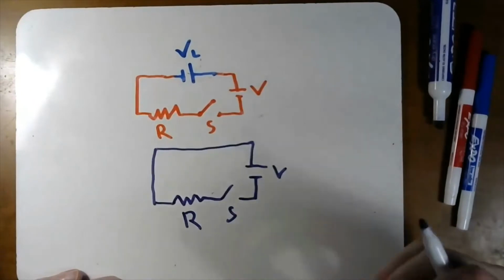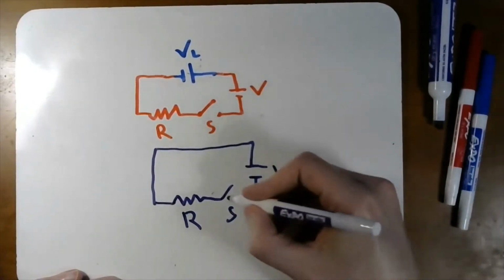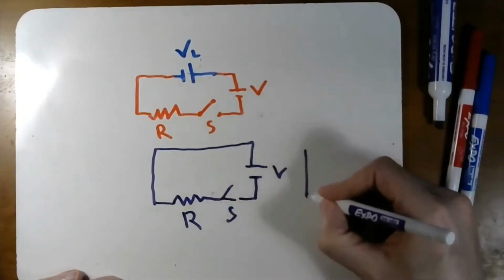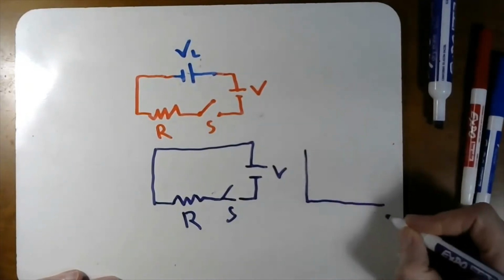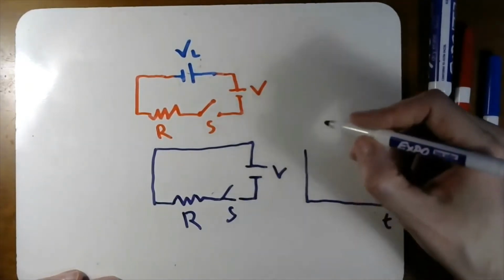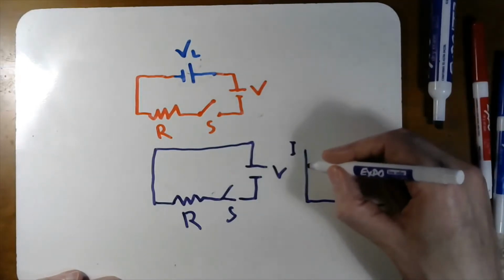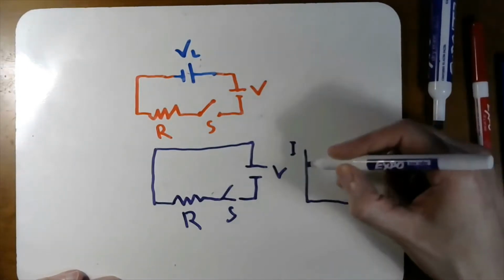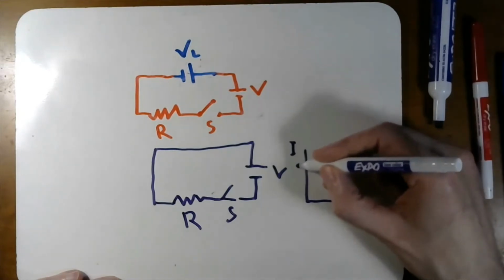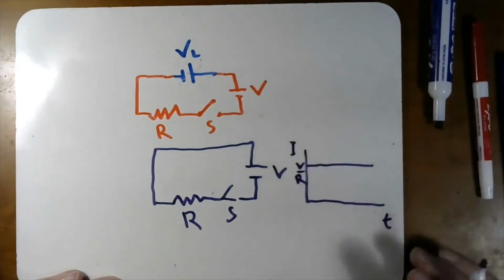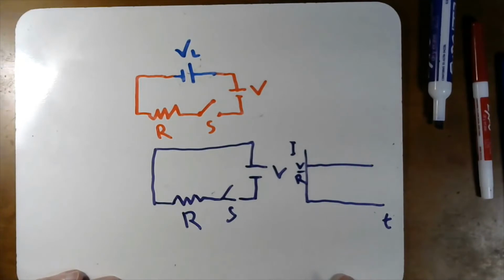And when we close the switch, what's going to happen? As a function of time, the current is going to increase very suddenly to a value of V over R. That's if there's no inductor in the circuit.